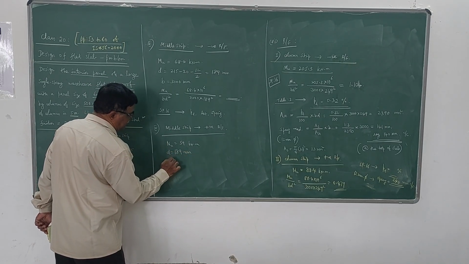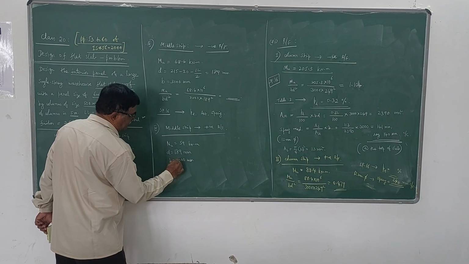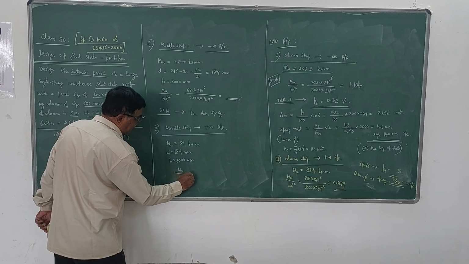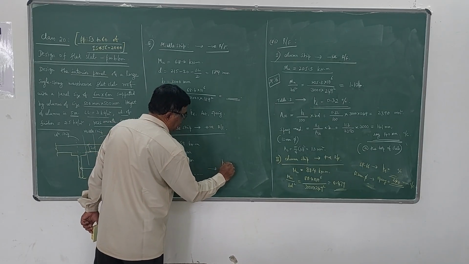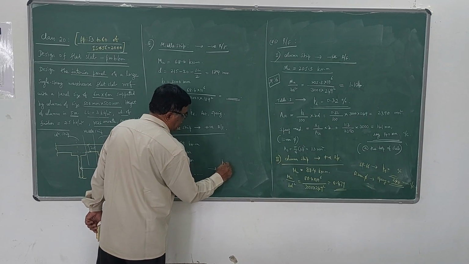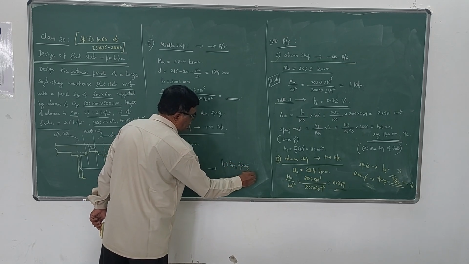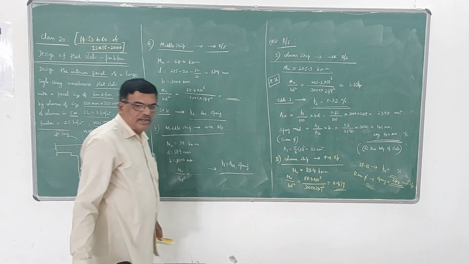B will be same, 3000, width of middle strip. So in this case also we have to calculate Mu by BD square, then get from SP16 the value of PT, AST, and this is what the design is.